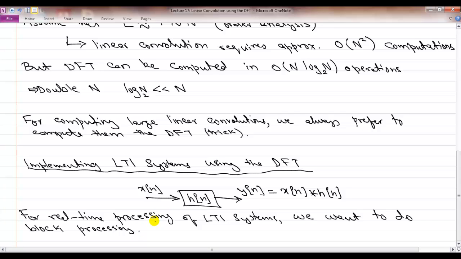There are two methods for that which we will study.